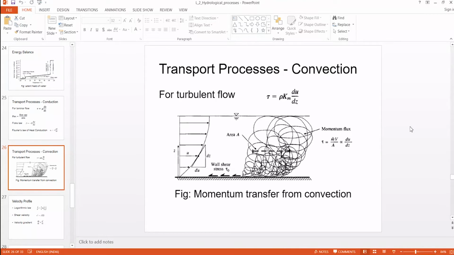Because of the high velocity of the flow, this eddy viscosity develops, and it is very significant, much higher than the kinematic viscosity. Due to these eddies there is mixing, so either contaminant or heat energy is transferred from one location to another.